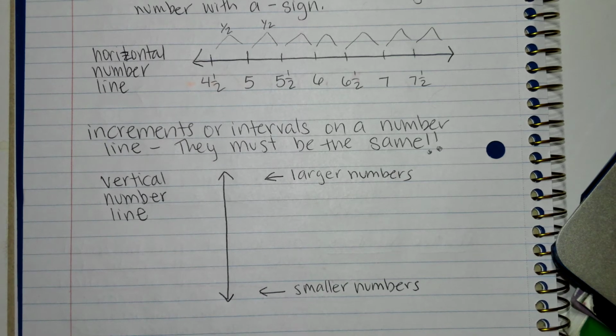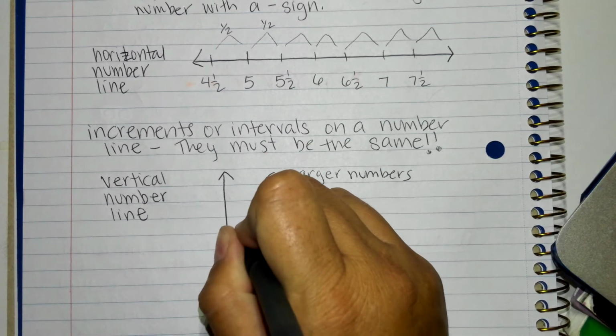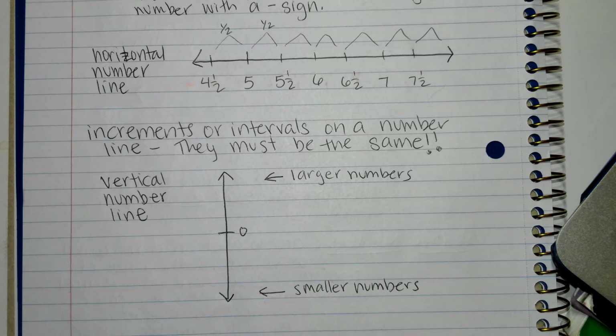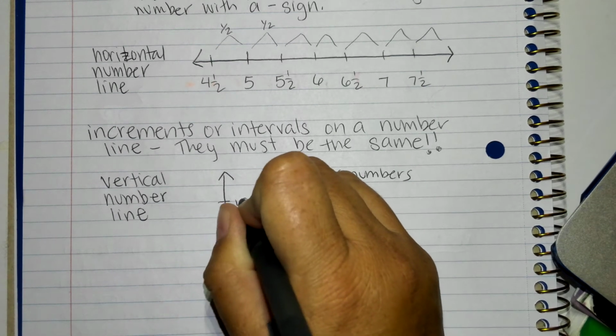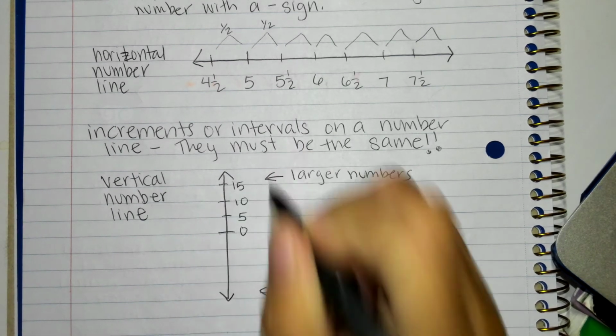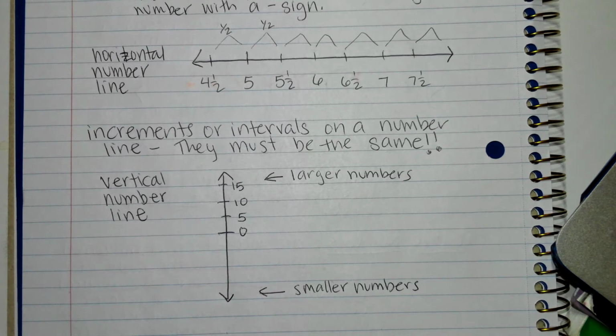So, another example of increments or intervals on a vertical number line, I'm going to put 0 in the middle. And I'm going to count my increments or intervals by 5. And that's fine that I do them by 5 as long as they're all by 5.